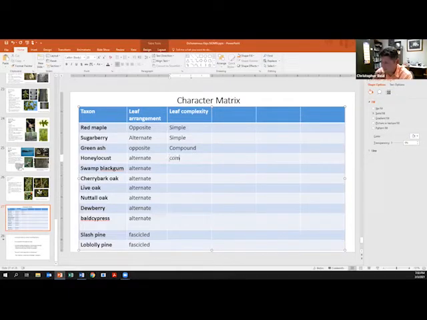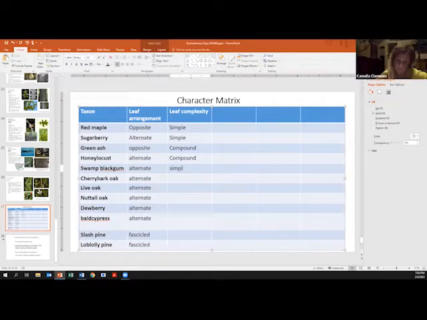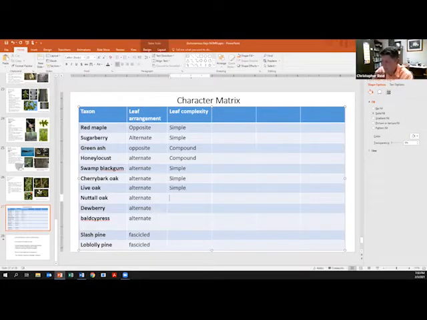Compound. Swamp black gum. Simple. Cherry bark oak. Simple. Simple. Southern dewberry. Compound. Compound.